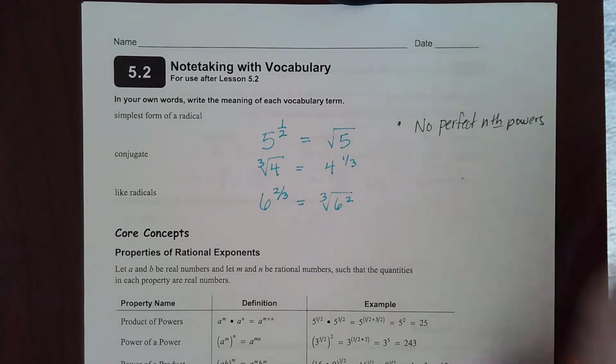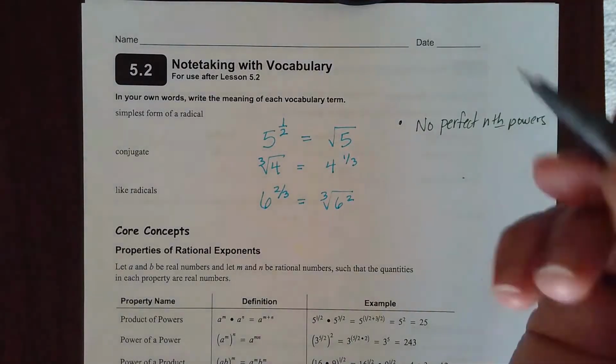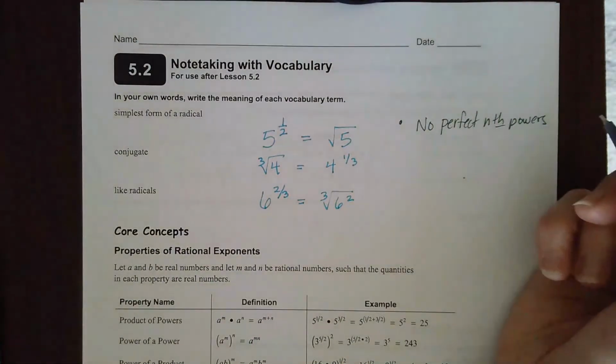If you're simplifying an expression and let's say you had the answer the cube root of 8x, you would need to reduce the cube root of 8 because it is a perfect nth power. So you want to make sure that you are reducing all perfect nth powers.